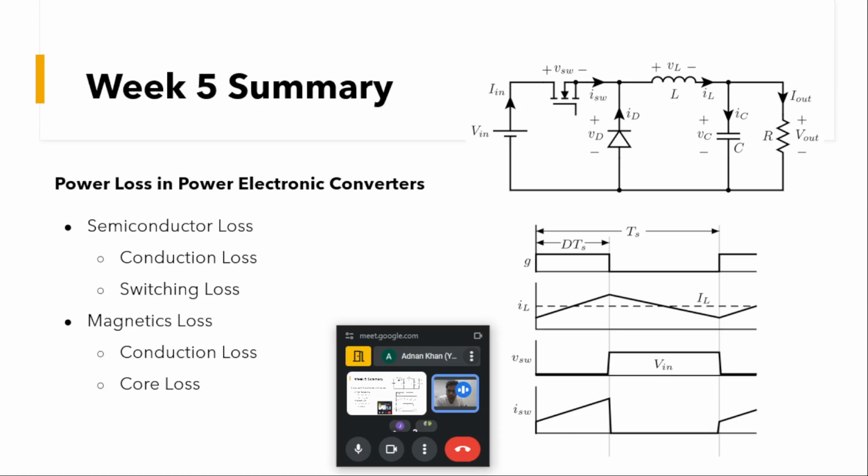During the turn on, first the current rises and then the voltage drops, and there is an overlap between the voltage and the current for some amount of time, and the same goes for the turn off. During that period there is some loss associated with the devices, and those are the switching losses, because these losses occur in our devices at those particular switching intervals.